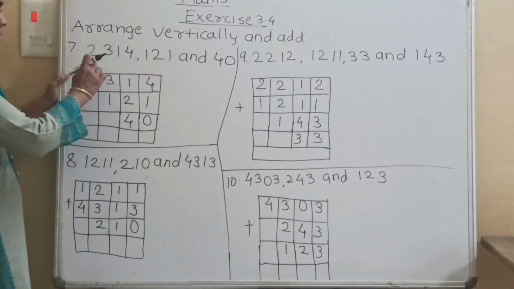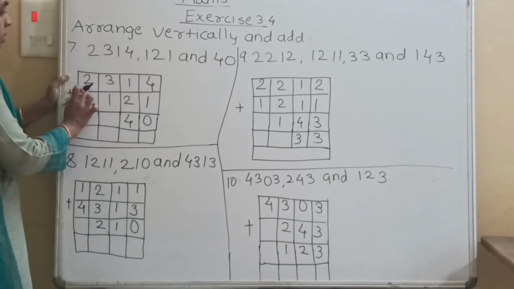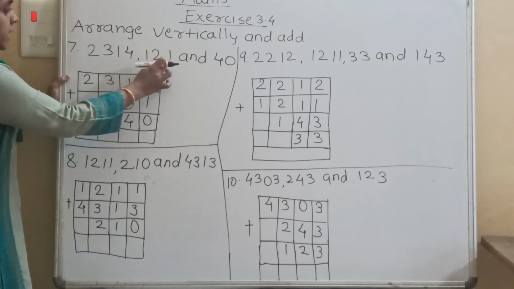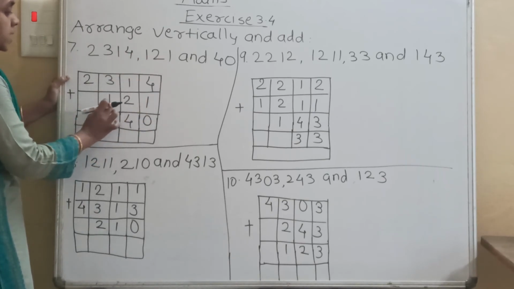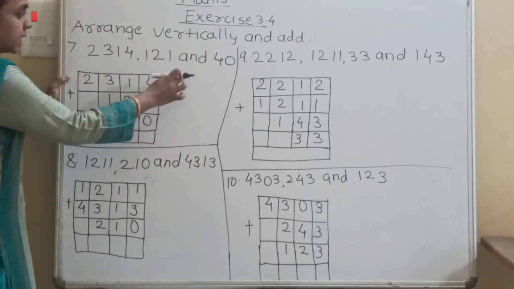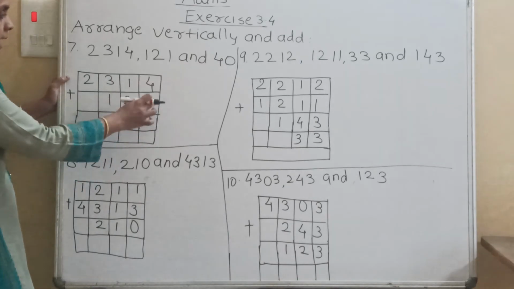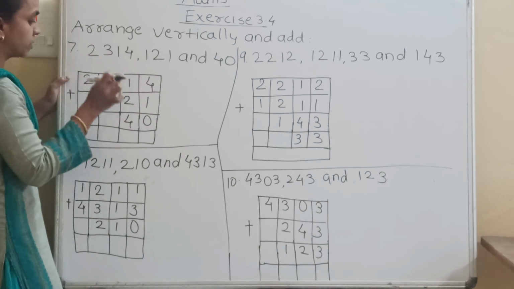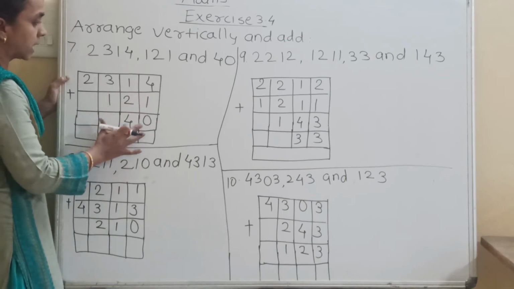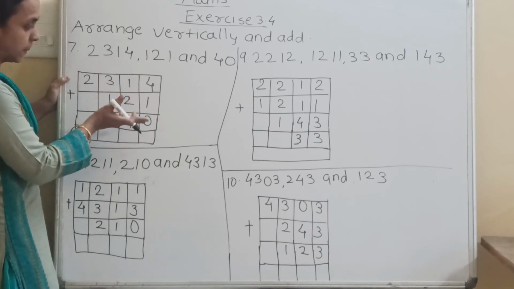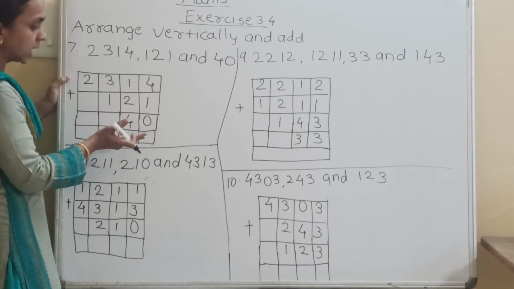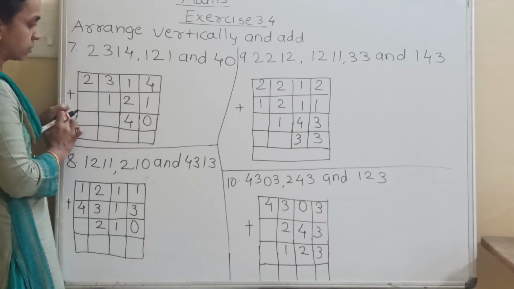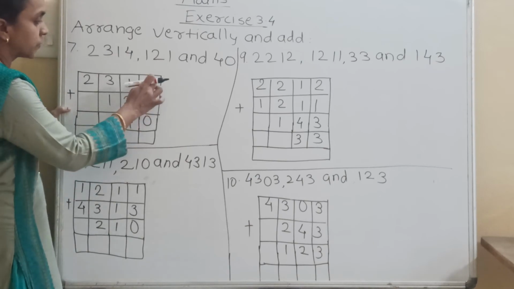So we have to first write down the 4-digit number. Then write down 3-digit number like this, and then 2-digit number like this. So ones, tens, 100 and 1000. We have to write down properly all these numbers one by one below the other. And then we have to start our addition.